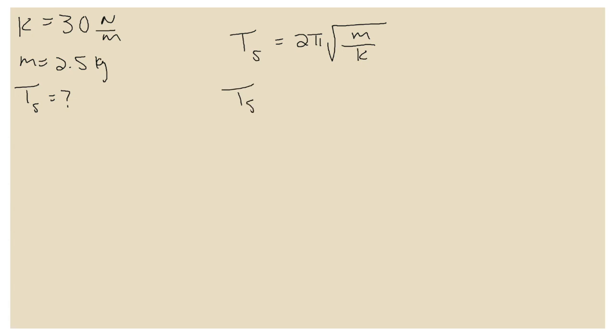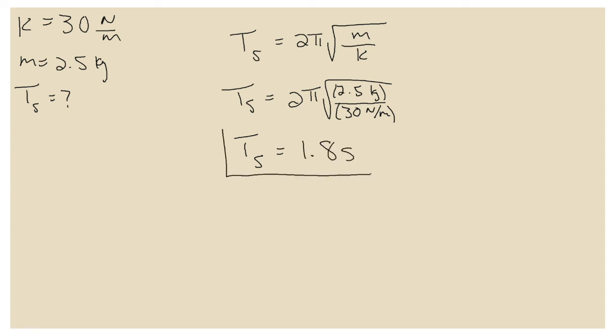And so this, I think, as you'll realize, is just a pretty straightforward plug-in. You take the mass, 2.5 kilograms, you divide it by the spring constant, 30 newtons per meter. You make sure you have it underneath a radical. You multiply by 2 pi, and when you do that math, you get the period is 1.8 seconds. And that's it. Pretty straightforward. Now, just for fun, we can also say, well, what's the frequency here?